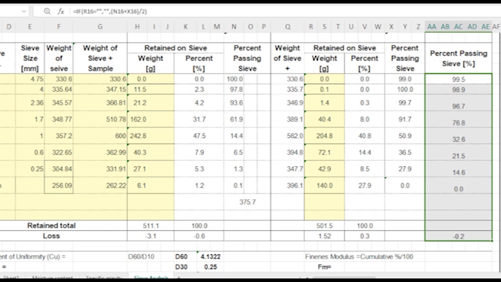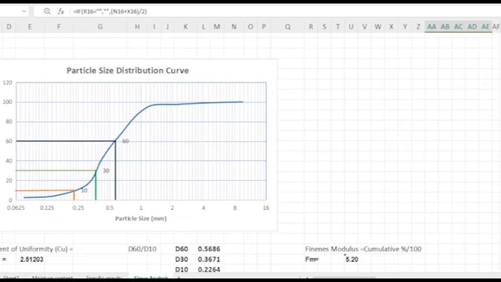It is now showing. Then when you finish, you now plot this graph called the particle size distribution curve. That is the percentage passing versus the particle size. When that is done, you now have your diameter 60, diameter 30 and diameter 10.